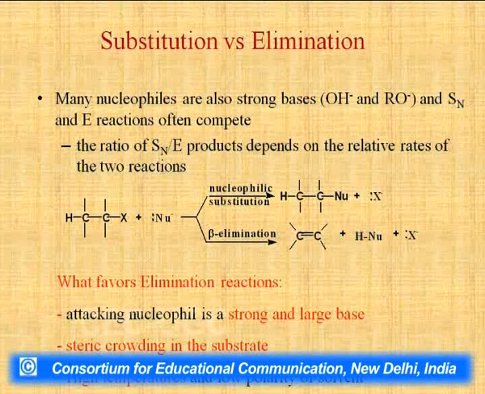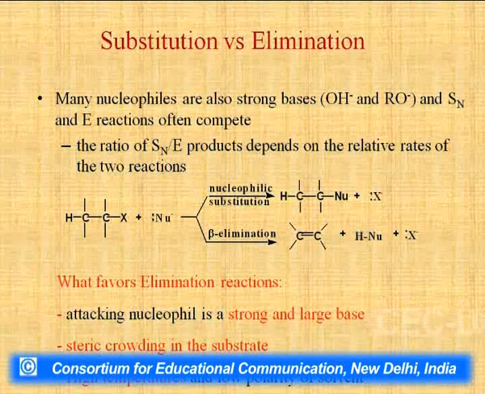The ratio of substitution and elimination products depends upon the relative rates of the two reactions. What favors elimination reactions? An attacking nucleophile that is a strong and large base, steric crowding in the substrate, high temperature, and low polarity of the solvent.